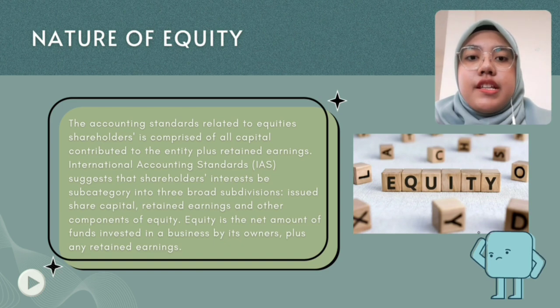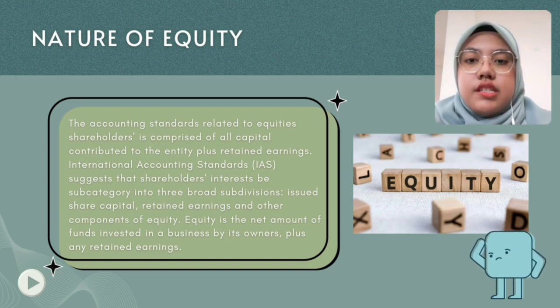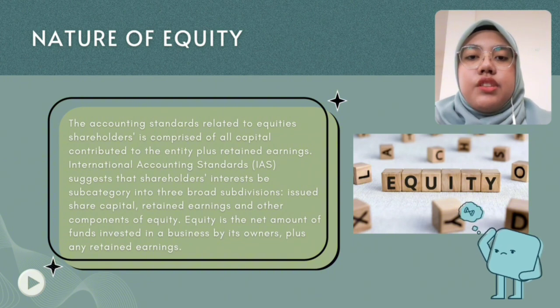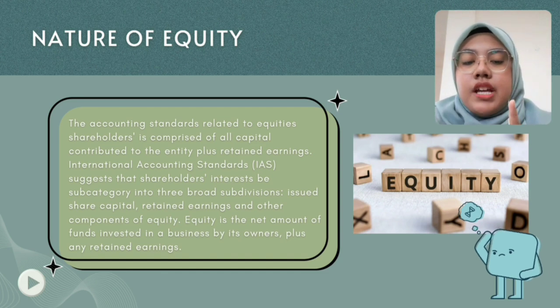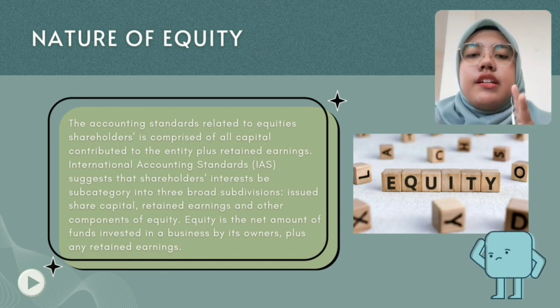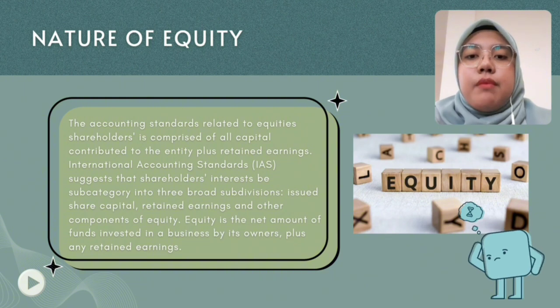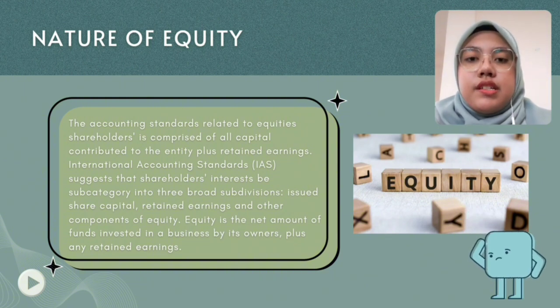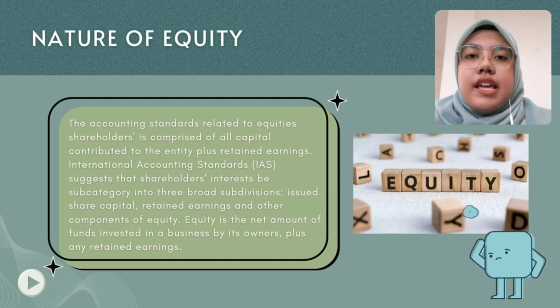International Accounting Standard (IAS) suggests that shareholders' interest be subcategorized into three broad subdivisions, which are issued share capital, retained earnings, and other components of equity. Equity is the net amount of funds invested in a business by its owners plus any retained earnings.